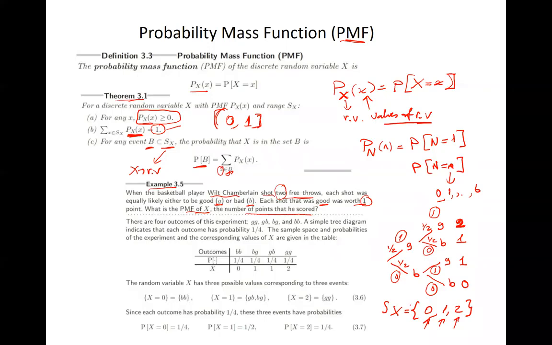So from this, we can make a table like that instead of a tree diagram, where we got the outcomes. You see here the outcomes are good-good, good-bad, bad-good, and bad-bad. Okay, so there are 4 outcomes, and each of them has a different probability.